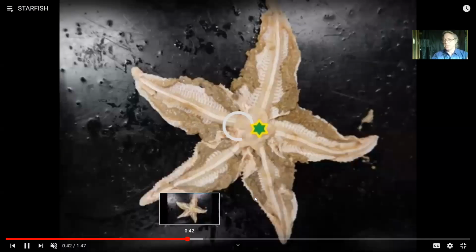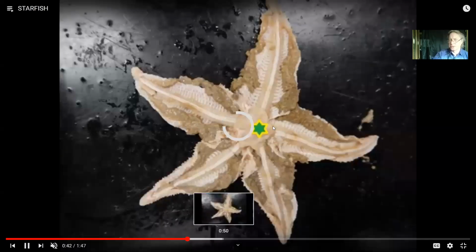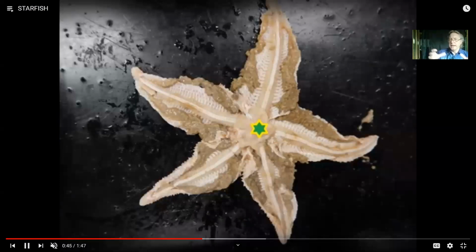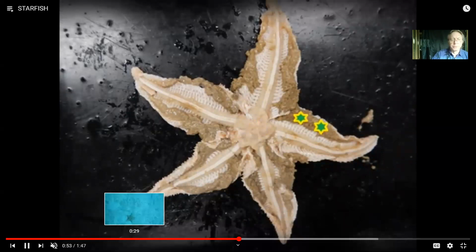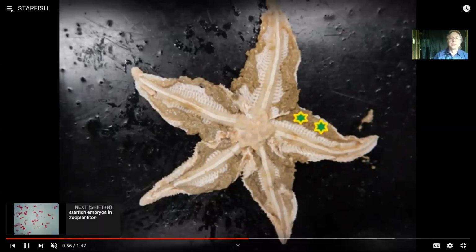And so there's the stomach of the starfish, there's the digestive gland. So they secrete digestive enzymes into, say, the clamshell that they're ingesting, and then absorb the nutrients through their mouths. Oh, and then just one other thing. Not only are echinoderms fairly common in the oceans, but so are their embryos.